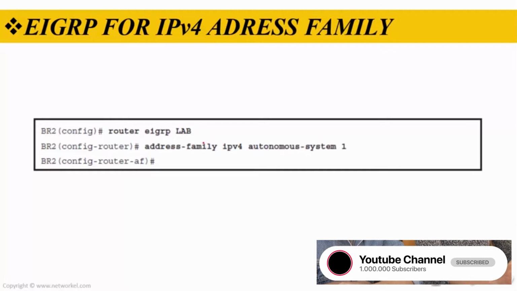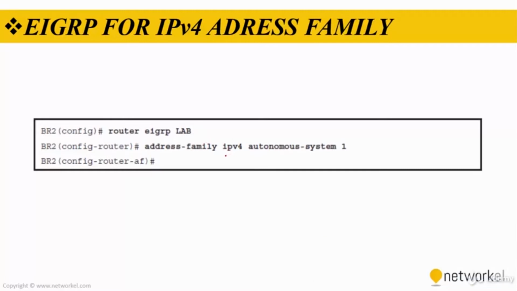If you want to configure IPv4, you type router eigrp and this time a name instead of the autonomous system number.